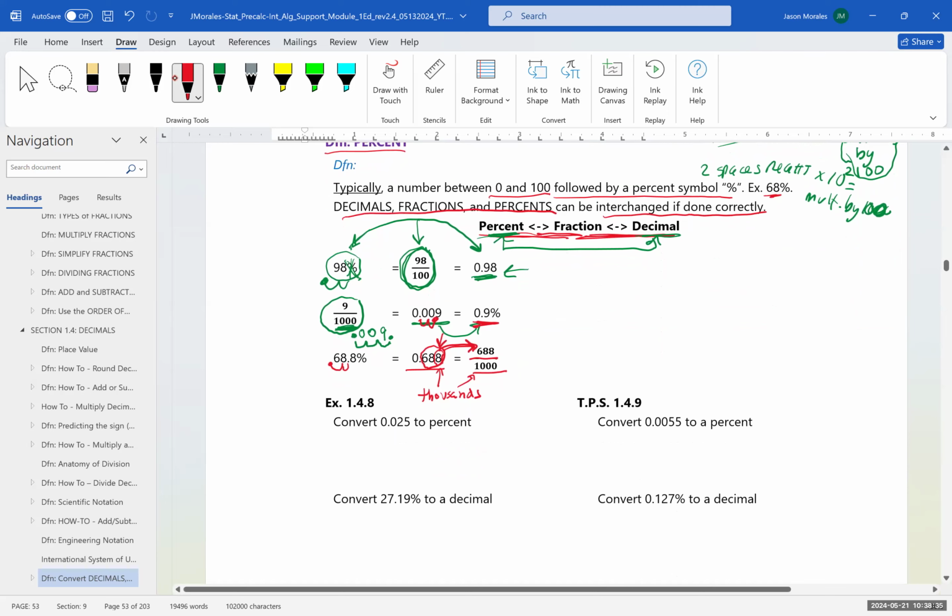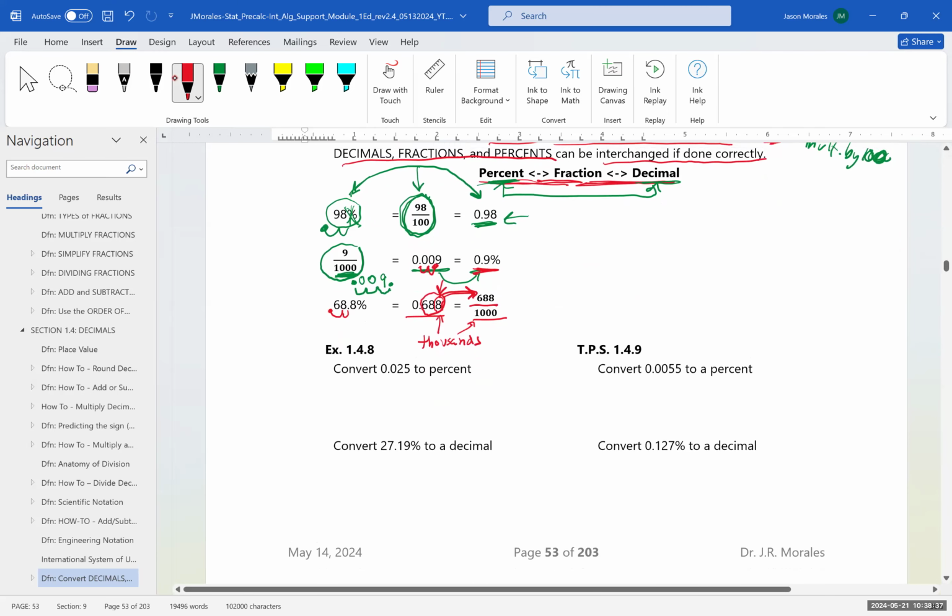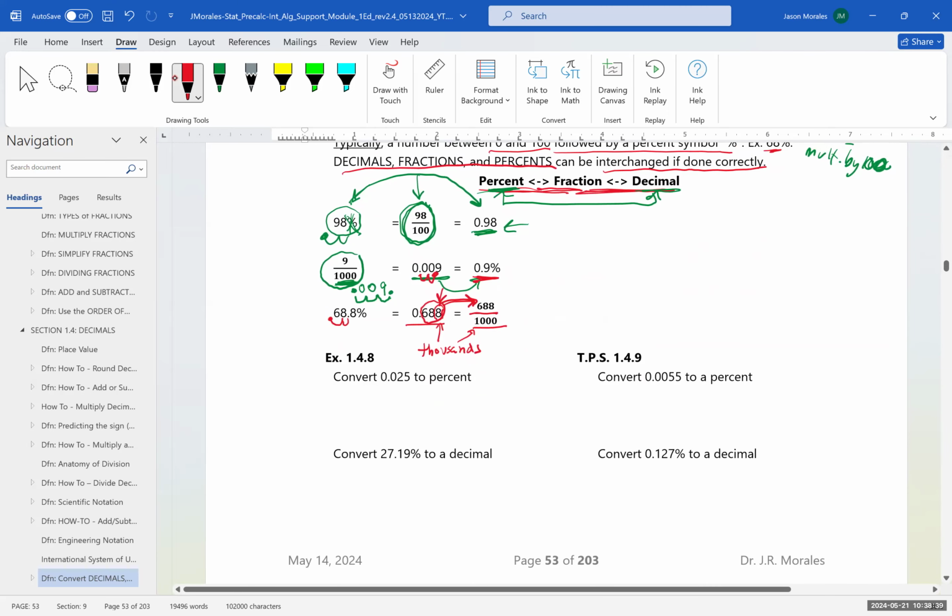So let's look at some examples here. Let's convert 0.025 to a percent. To convert into a percent, we need to move 2 decimal places to the right. So just go 1, 2. So that's going to be 2.5, and then add the percent sign.